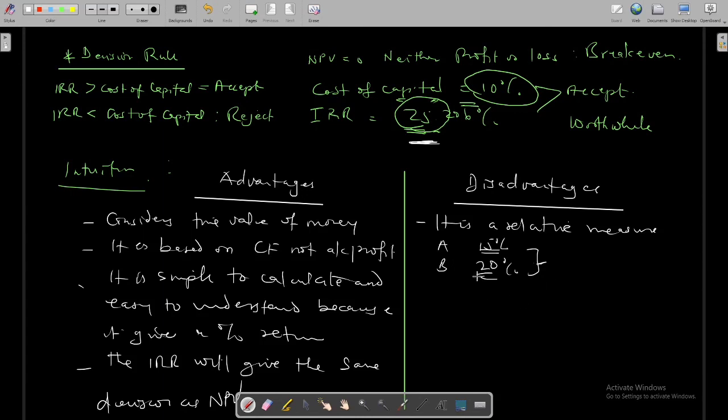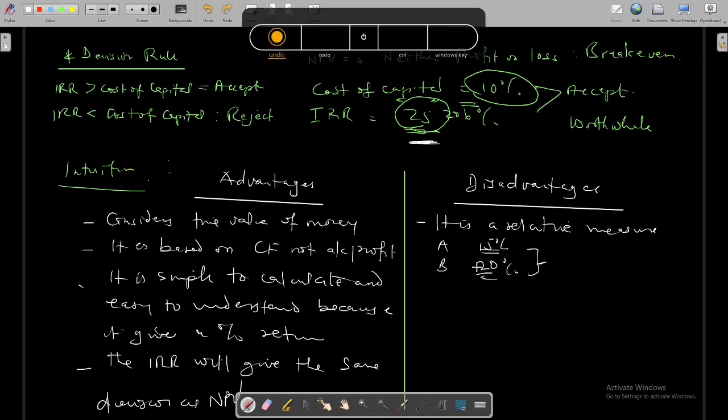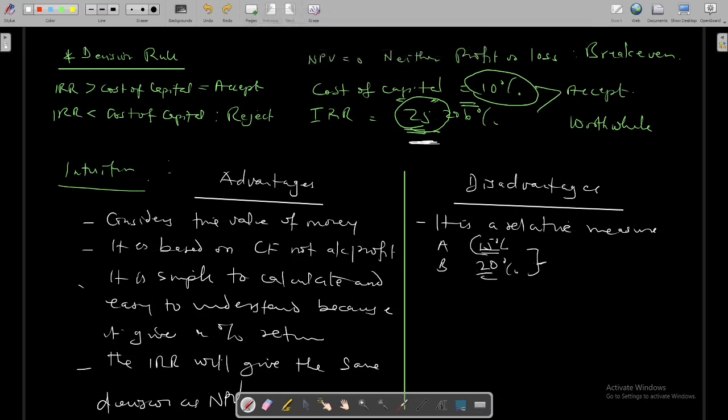In the normal sense, you say 15% is better because the project breaks even at a lower rate.